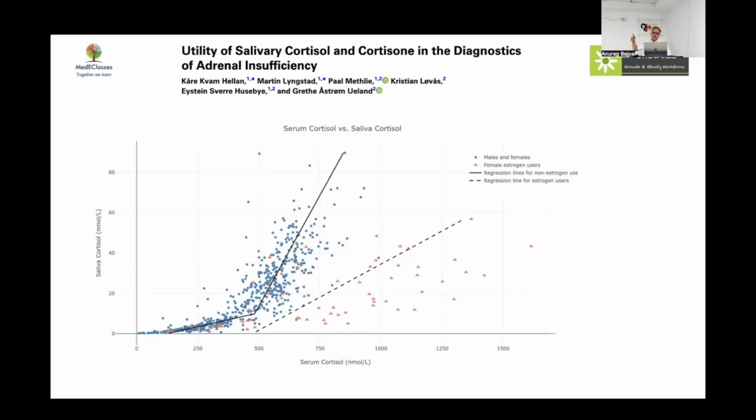The other important thing to remember is that on the right hand side, with those triangles, they are talking about females who are on estrogen. So there the serum cortisol is going bizarre. You're seeing much higher levels of serum cortisol while the salivary cortisol is not going up. So what this means is that somebody who is on estrogen, or if somebody has CBG excess or deficiency, salivary cortisol will be a good correlate, not the serum cortisol.